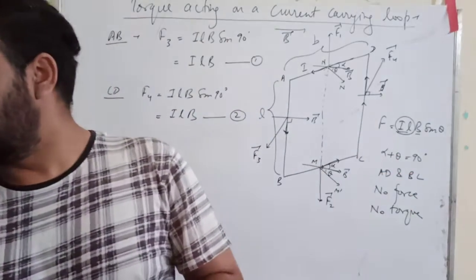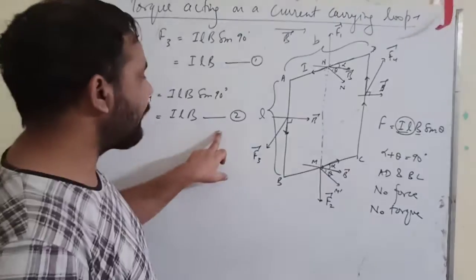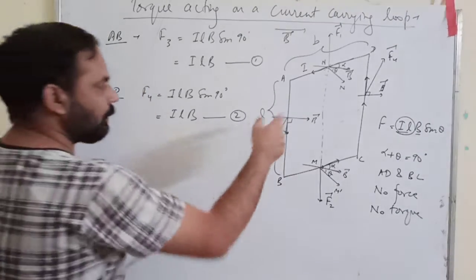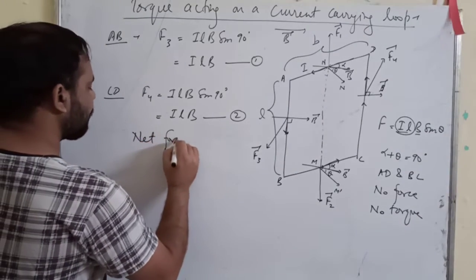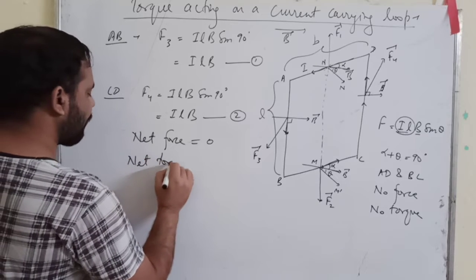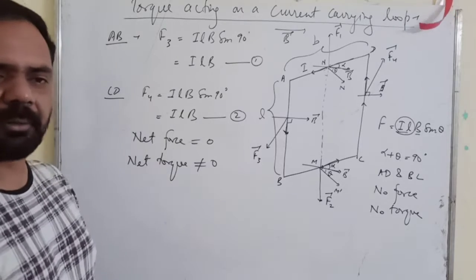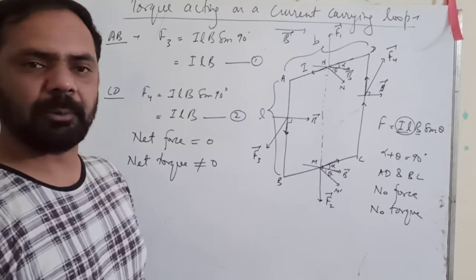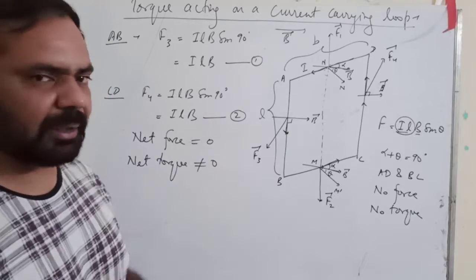So here, in this case, net force is 0 because the forces are equal and opposite. So net force is equal to 0, but net torque is not equal to 0 because the lines of action of the equal and opposite forces are different.